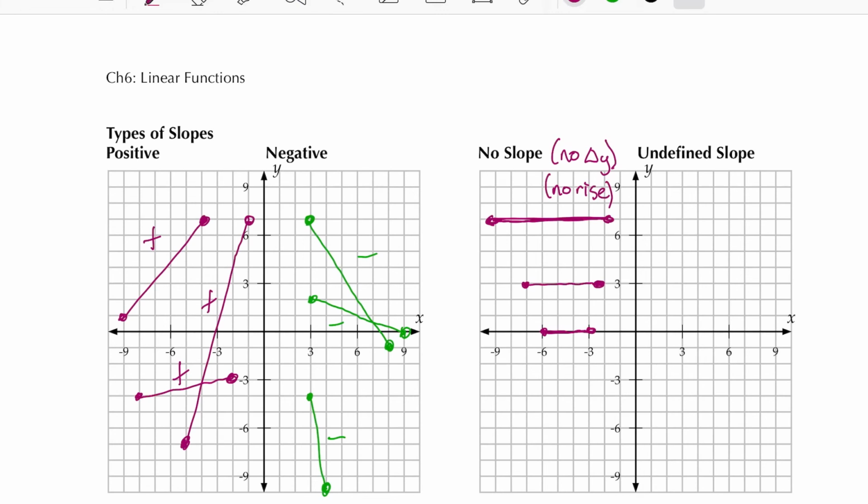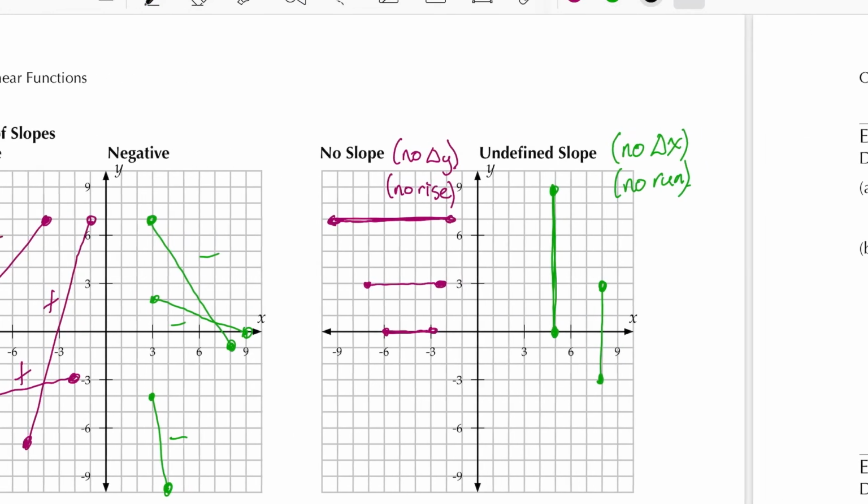Well, what if there's no run? An undefined slope is a vertical line. So these are undefined. There's no delta x, or no run.